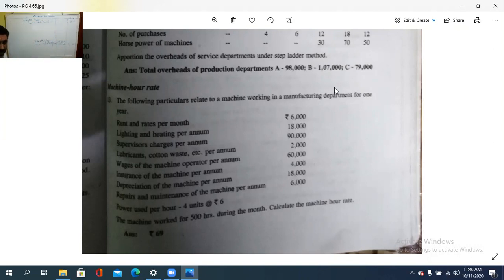Then the lubricants and cotton waste per annum. Per annum, how much is it? I think 2,000. So 2,000 divided by 12 into 500.